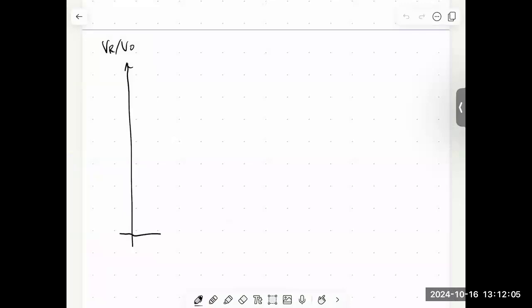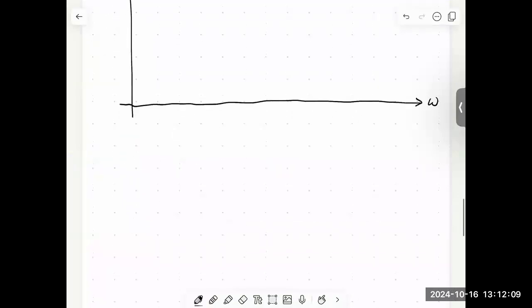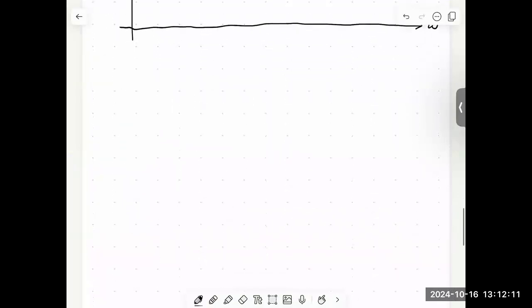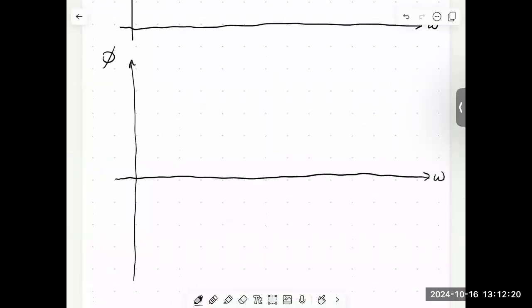And then below that plot, I'm going to have a second picture. This will be the phase as a function of frequency. The phase is going to go negative, so I'm going to put my horizontal axis in the center there.